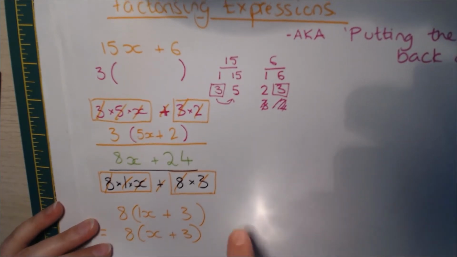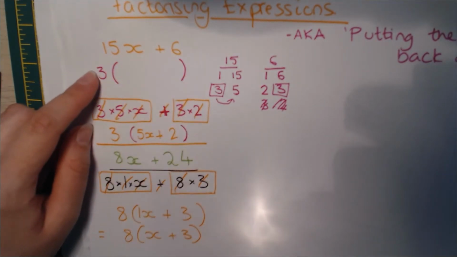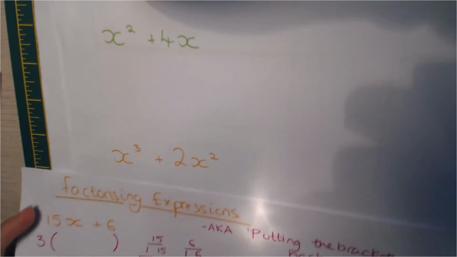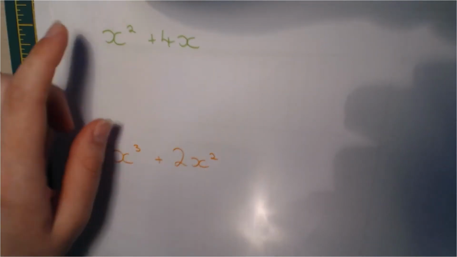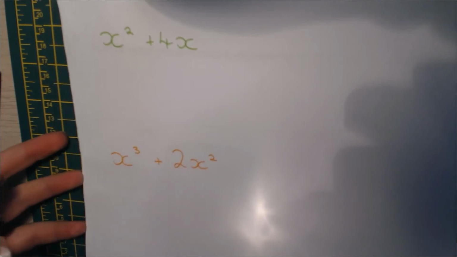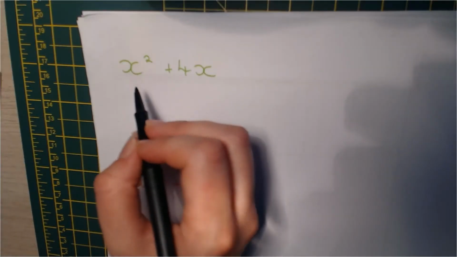Now, this kind of expression is where we only have a number that is a common factor. The next ones I'm going to show you have variables. Remember, that's the things that change. We've got variables that are common factors this time, and no numbers. So let's have a look at these ones. These are quite nice. We're going to do what we did in class the other day, and stretch them out again, like what we've just done.